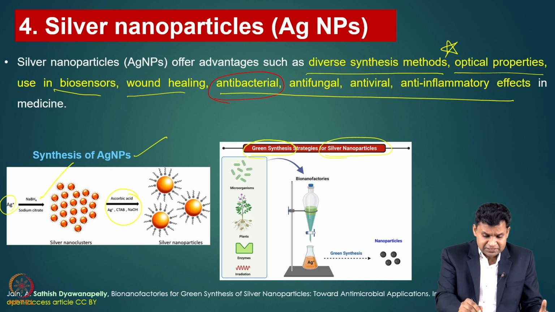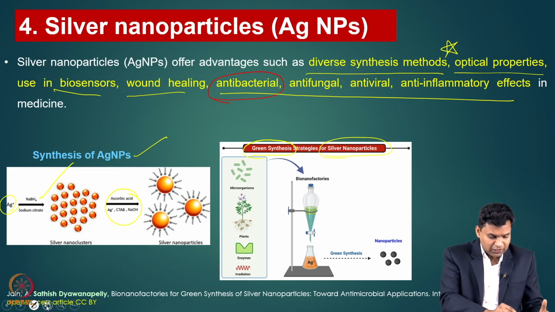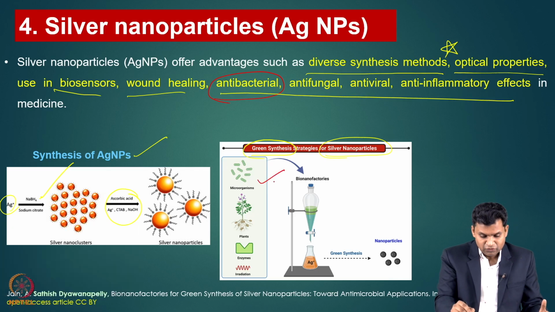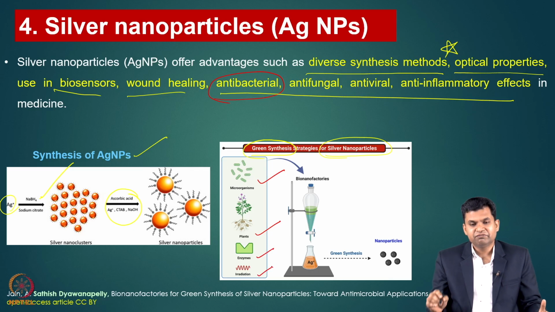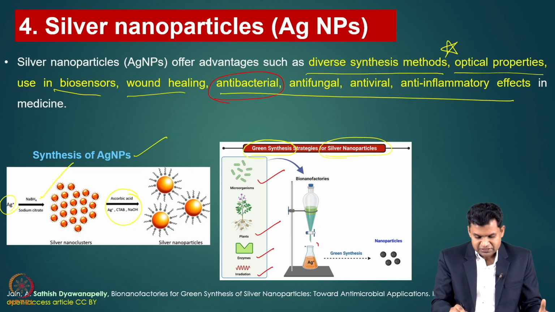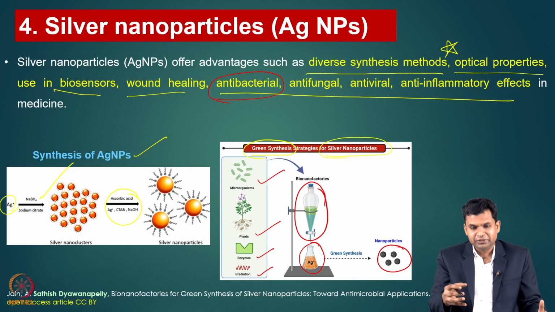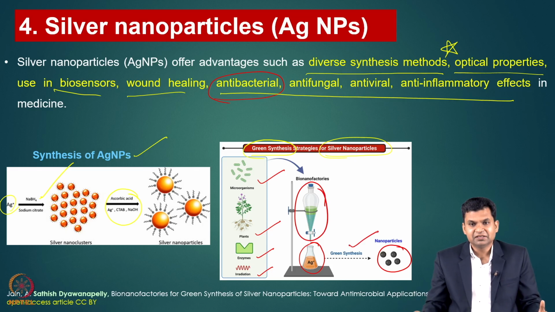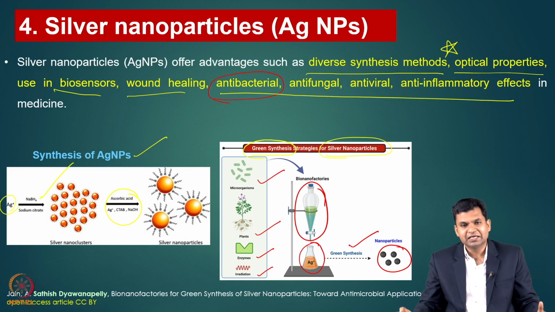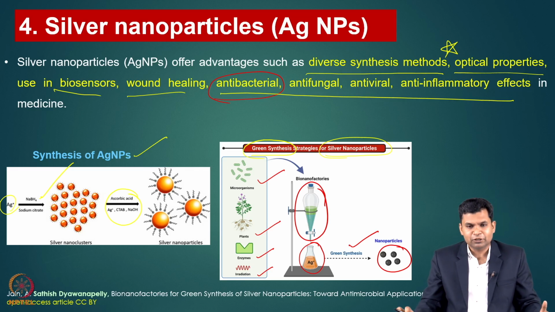These use constituents from microorganisms, plants, and enzymes, and with irradiation, they will reduce the silver into silver nanoparticles. So the extract or isolated molecules are used to reduce the silver ions. Definitely, that removes the use of solvents, which is also considered green synthesis, and it also reduces the energy used during the synthesis of silver nanoparticles.